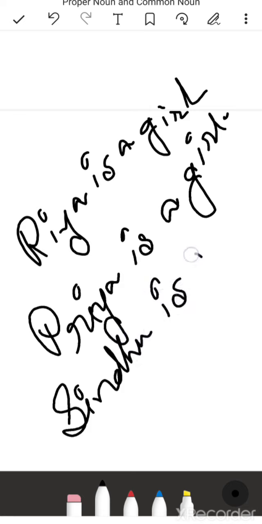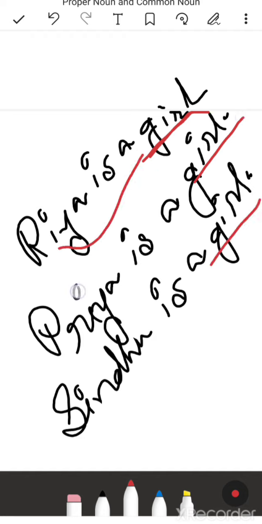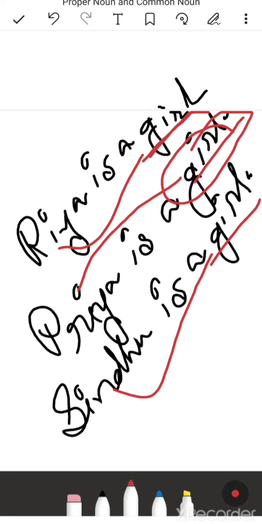Sindhu is a girl, a famous girl. So what happened in these three cases? We have seen that this word girl is common. Riya is also a girl, Priya is also a girl, Sindhu is also a girl. That means we can call Riya a girl, Priya also a girl, and Sindhu a girl, because this particular name girl can be shared by all, hence we call it a common noun.